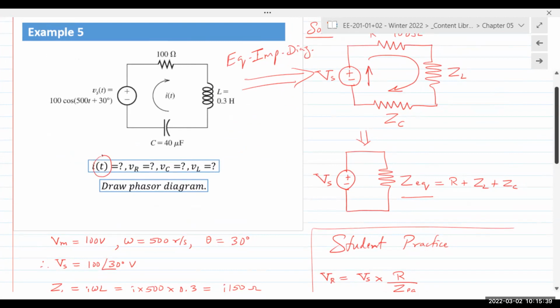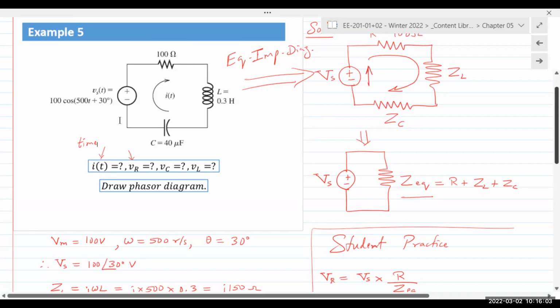If it says as a function of time, means of t, or it is in lowercase, like you see here with VR, VC, and VL, it is asking you for the answer in the time domain. Okay, so all of these should be in the time domain expression, meaning as a function of time, as a function of t.